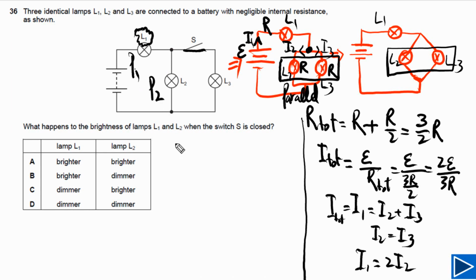Let's calculate P1 first, the power of lamp 1.